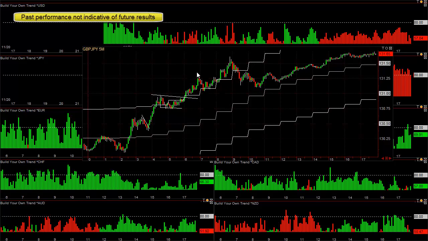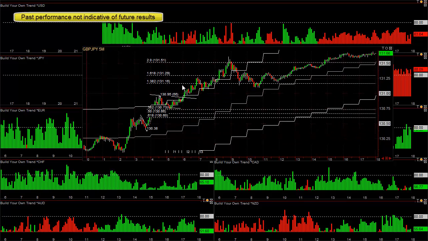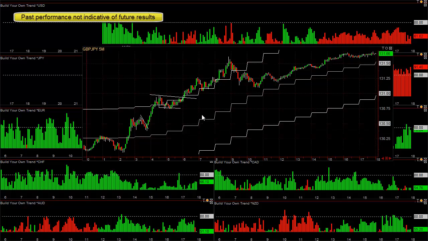When it starts getting anywhere from 15 to 25 pips above the 2.0 band, typically you're going to get a reversal. Fib targets, when they are outside of the 2.0 band, tend to be very high probability profit targets. And if you know that ahead of time, you can use those for exits.